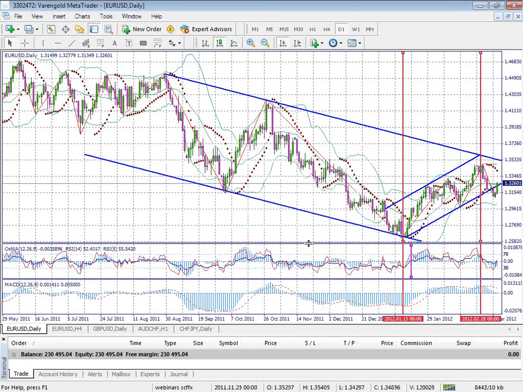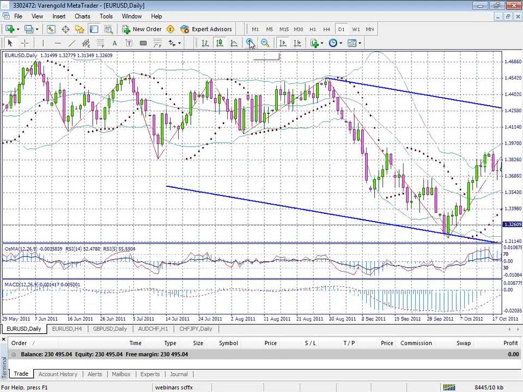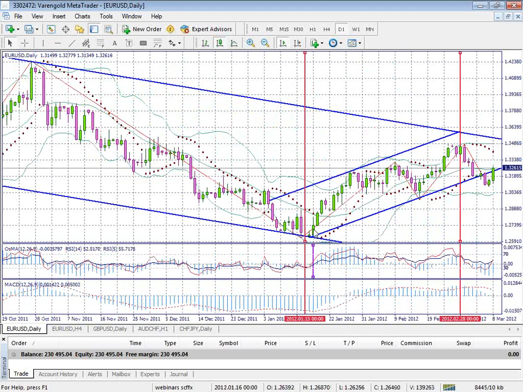So we have here a signal for buy. We have the RSI crossover, and we can also see that we have an uptrend. This one. Okay. I lost my line. So this is one.